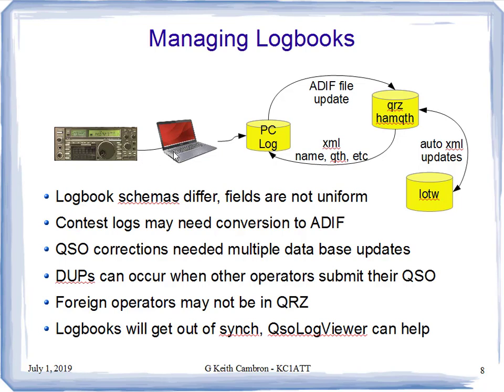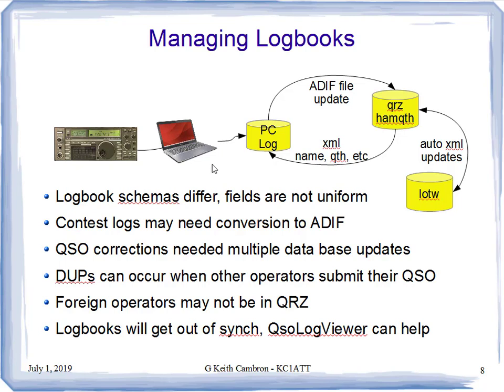So here I've got my 735, I've got a rig control to my PC where I'm creating my everyday log and my contest logs. The way you'll tend to update most of your websites like QRZ and HamQTH is you'll export a ADIF file and then you will load that into that website. The websites, as I mentioned, these two in particular have an XML interface, so there's a two-way exchange.